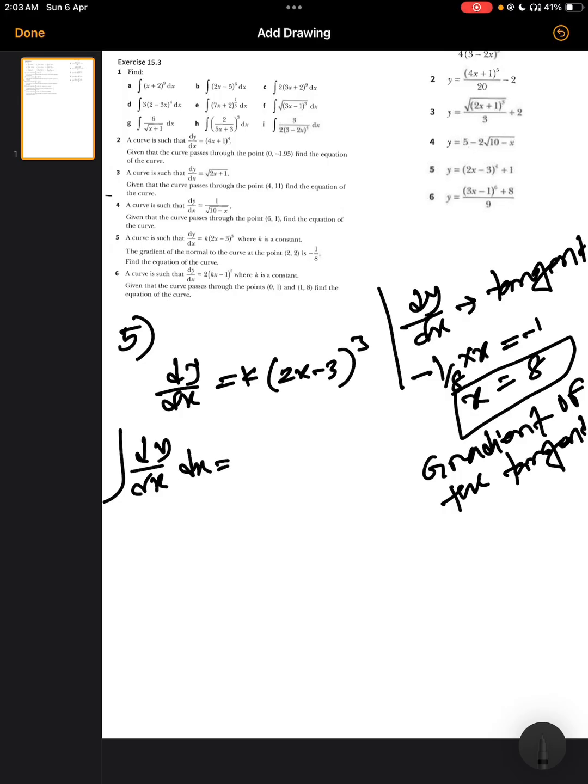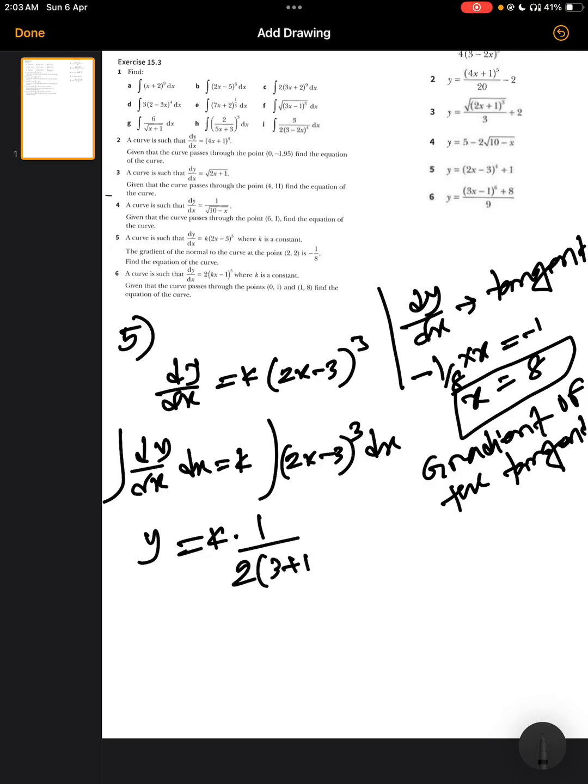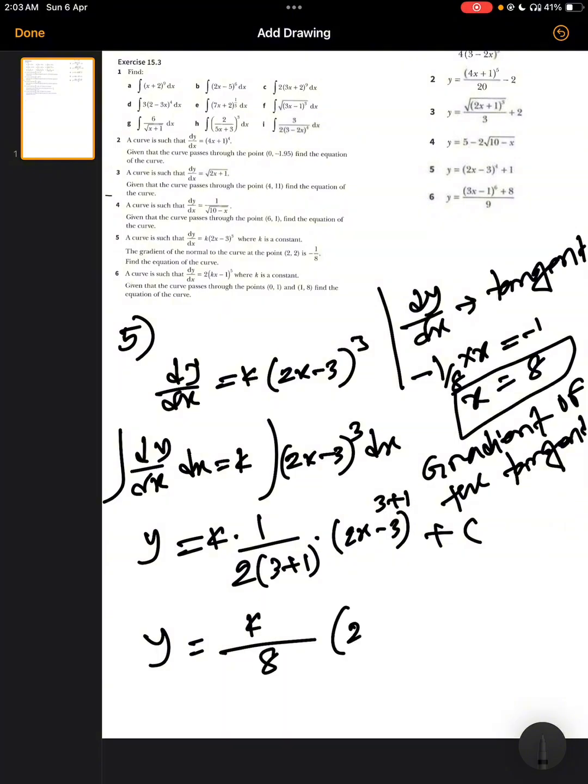So dx, here k is a constant, so 2x minus 3 to the power 3 dx here, right? So here is y, here is k, then 1 over a is 2, n is 3 plus 1, so 2x minus 3 to the power 3 plus 1, plus c. So y is equal to k over 3 plus 1, 4, 4 times 2 is 8, 2x minus 3 to the power 4 plus c. This is the thing actually.